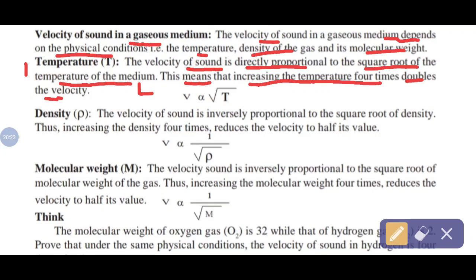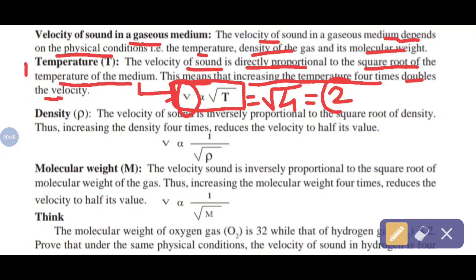So related to this statement, we are writing in mathematical format. Velocity of sound is directly proportional to the square root of the temperature. So we are taking the value of temperature as 4 in square root. So what is the square root of 4? That is 2. So V is equal to 2. That's why it is given here: increasing the temperature 4 times doubles the velocity.